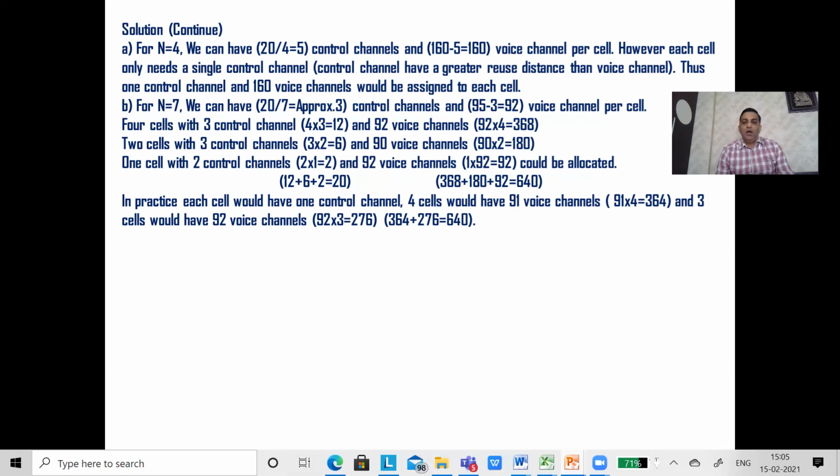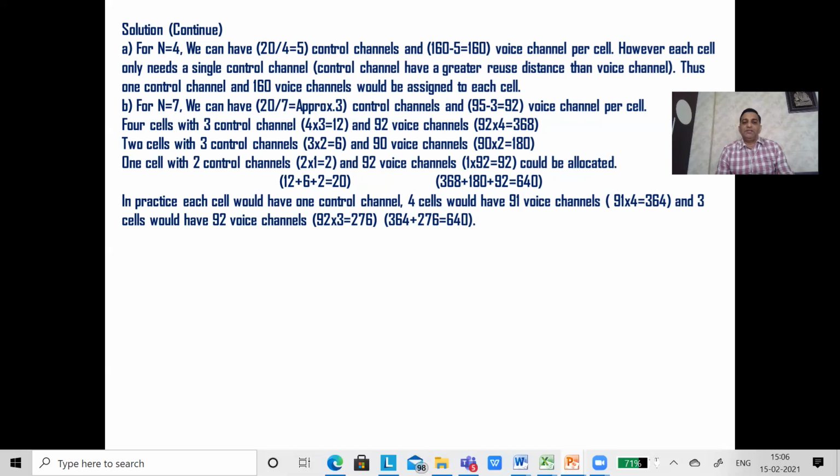So if you calculate the total size of control channels, which is mentioned in the diagram in the bracket, 12 plus 6 plus 2 becomes 20 control channels. And for voice channels, it is 368 plus 180 plus 92, that is 640 voice channels.